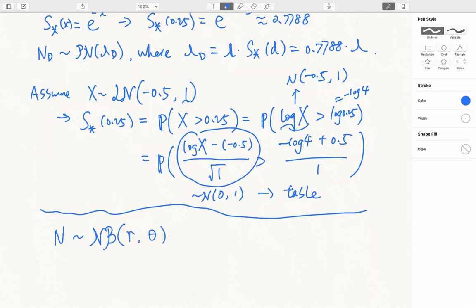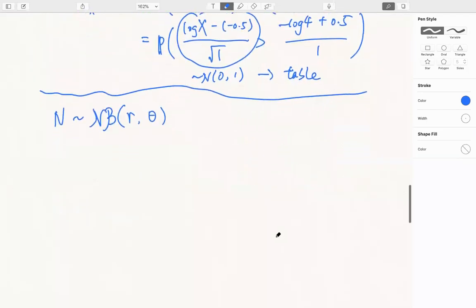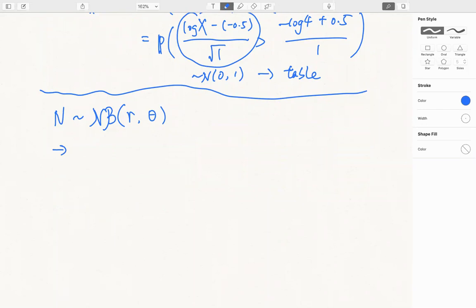This is slightly more complicated because in this case, we need to revisit our previous proofs and basically do everything one more time, meaning I need to write down the PGF of N, which will be a big bracket, 1 divided by 1 minus beta times t minus 1, another bracket, taken to the power of r.